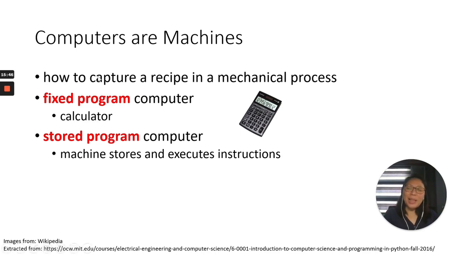Because people wanted to do more with a single machine, the stored program computer came in. These are the machines that store and execute instructions. Stored program computers can execute different instructions.